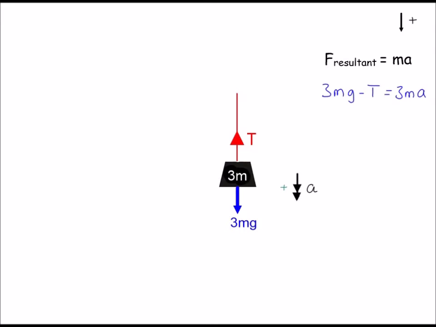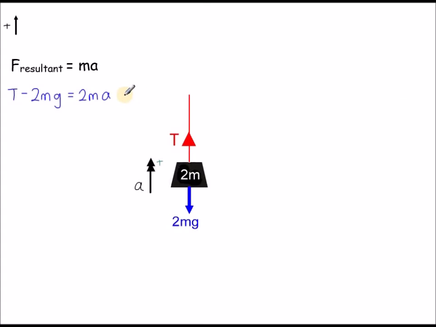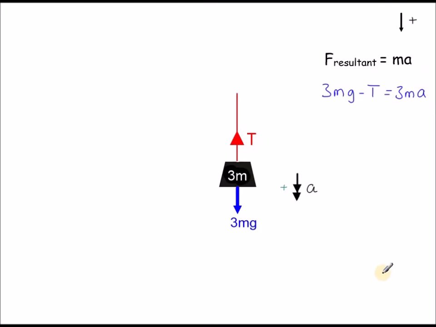And then separately the 3m mass, which is going to accelerate downwards, so I'm going to take the downwards direction as positive this time. So the resultant force here is 3mg minus T equals the mass times the acceleration. So we have this equation, and we have this equation, which we can solve simultaneously.